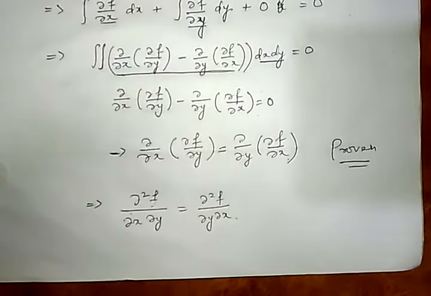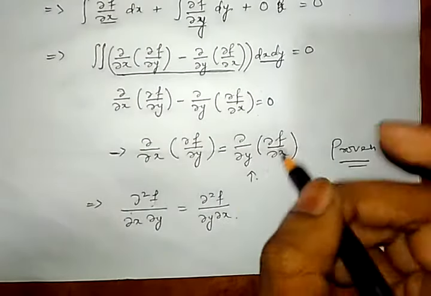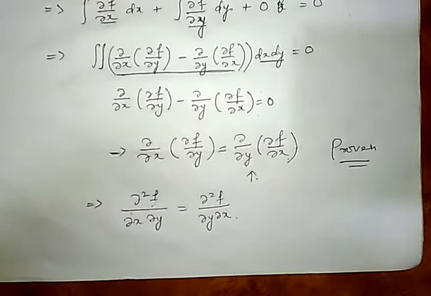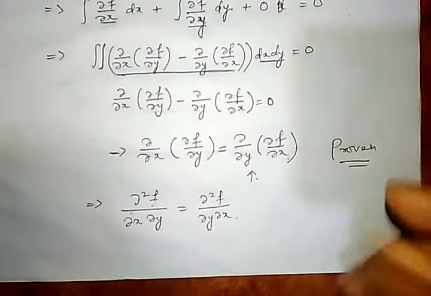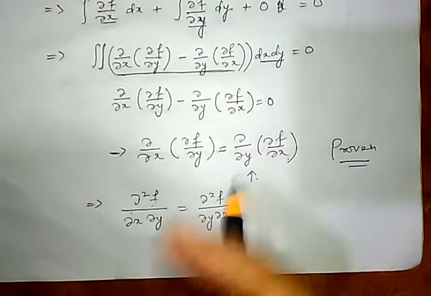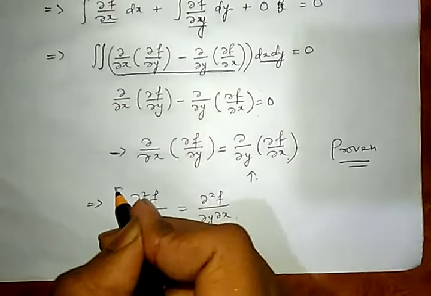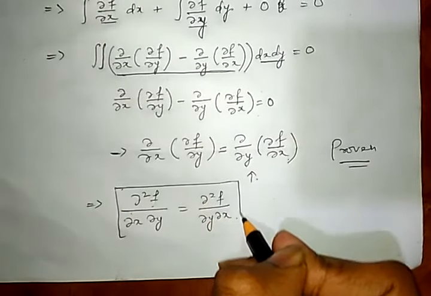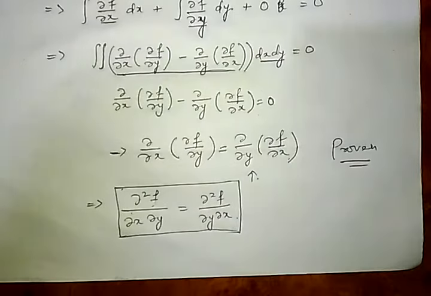But I really love this form because here you can see the difference between these two. Here you can see that the order of derivative is not the same. It is visible here, but it is much more subtle here. And so that's the end of the video. We have concluded and we have proven this identity, and hence we are free to use it in any possible situation.